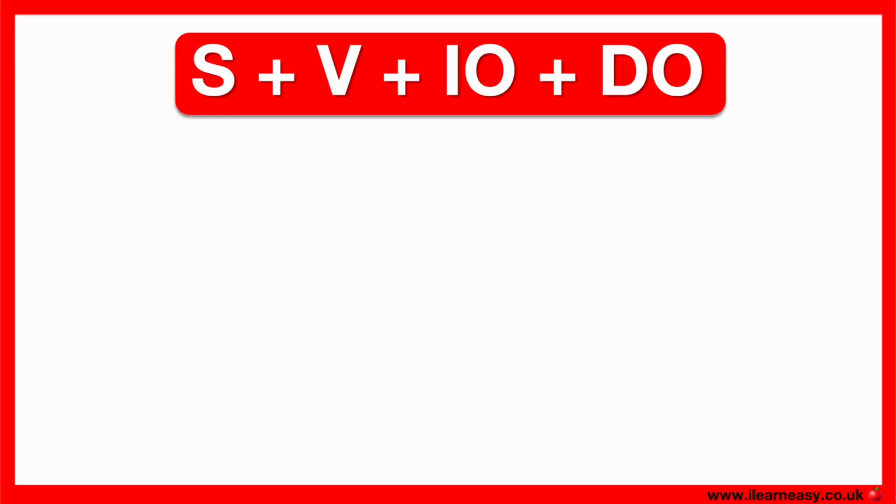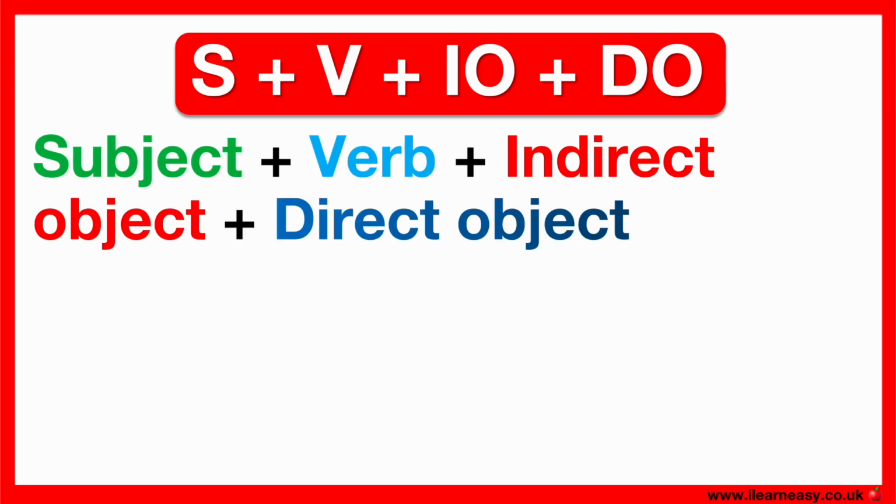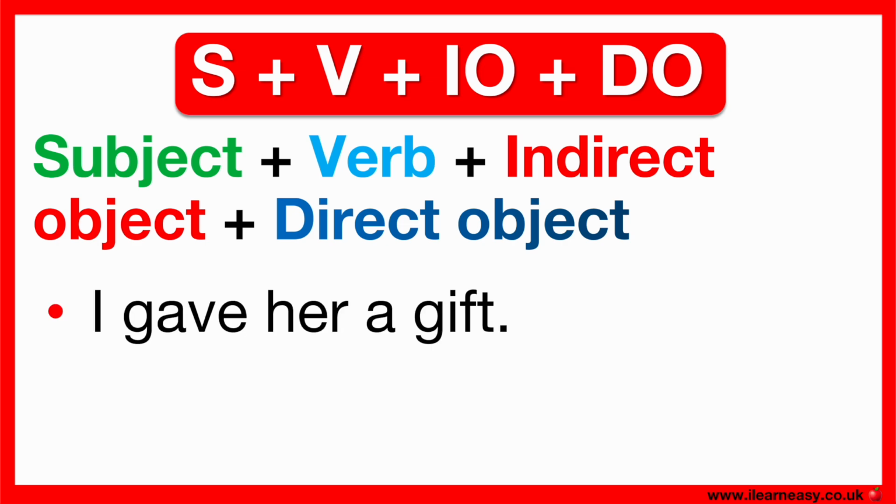Subject, verb, indirect object, direct object. This sentence pattern tells of an action done to someone, the indirect object, with something, the direct object. For example, I gave her a gift.